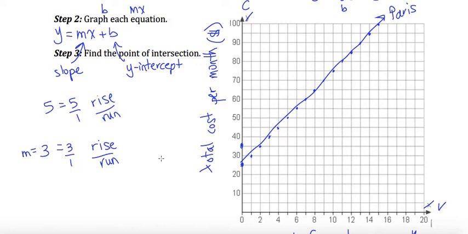Now, my graph goes up by 5s, and going up by 3s might be a little tricky to graph. So what I can also use is the concept of equivalent fractions. So I want to go up by a value of 5.